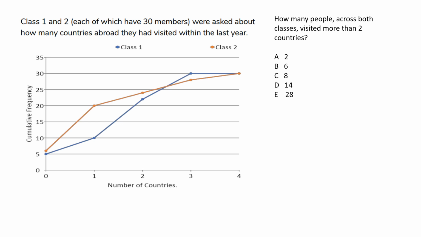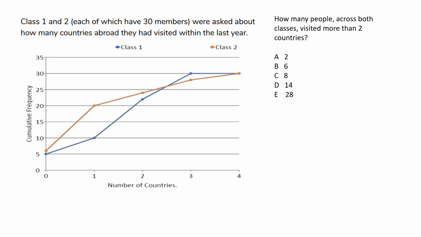B6. Oh, D, sorry, right. Okay, 14. Anybody disagree? Yeah, no, 14 was right. So for that one, you look at the number that had visited up to 2, in other words, the number on 2 countries, and that's 22 for class 1, and that's 22 out of 30.